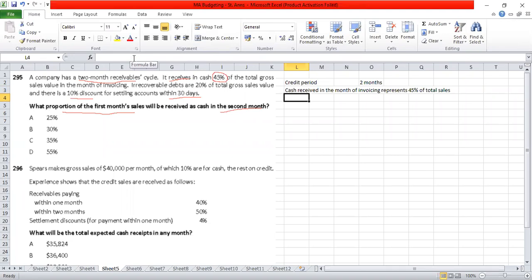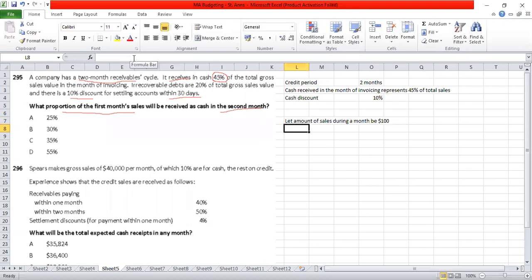Then cash discount. Cash discount is 10%. To start the solution, let the amount of sales during a month be $100.